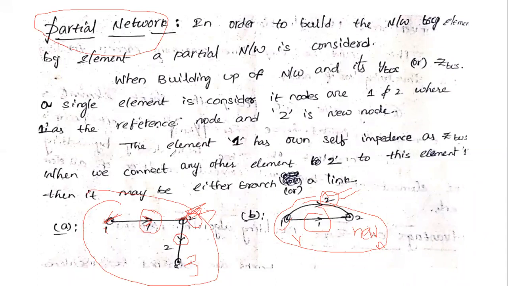Understand what is meant by partial networks? A network is designed element by element. The elements are represented in straight line form.